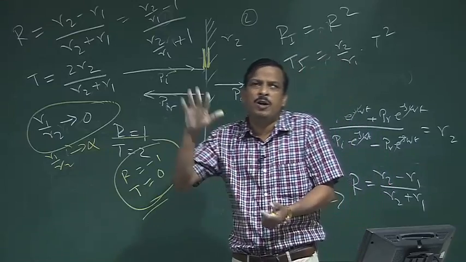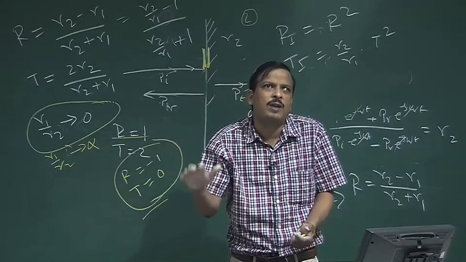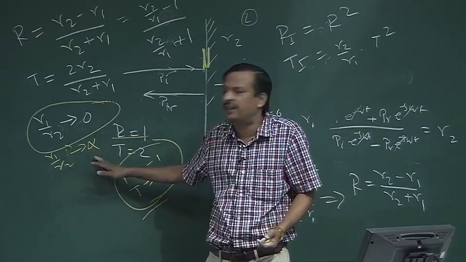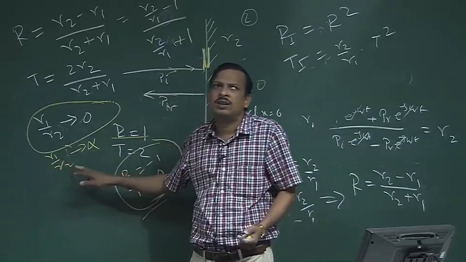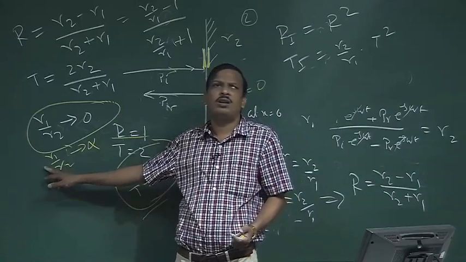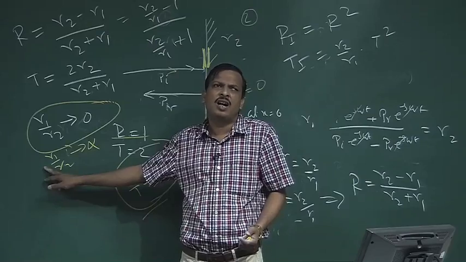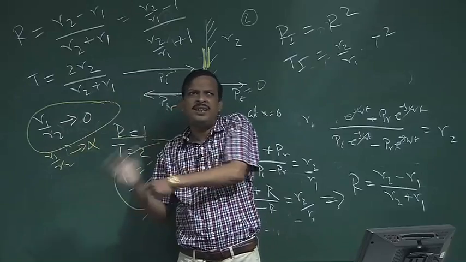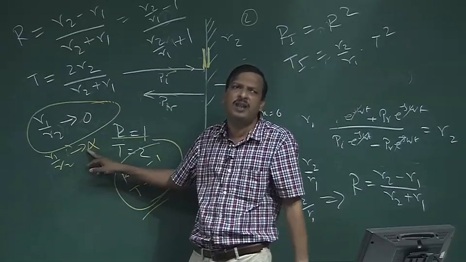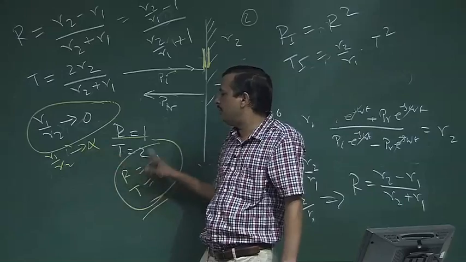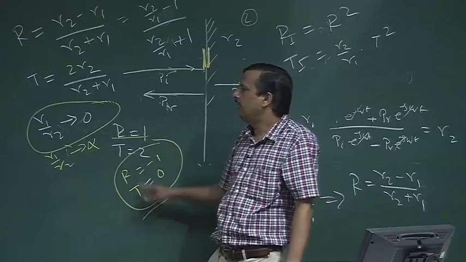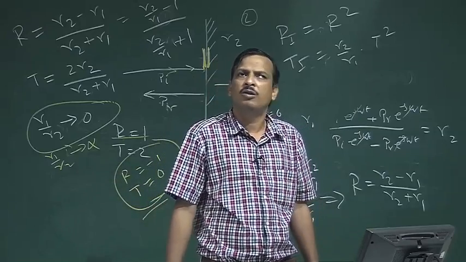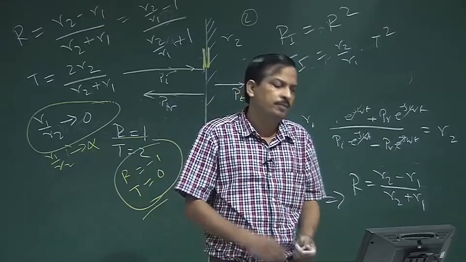That means if a wave is transmitted from one medium to another medium, if R1 by R2 tends to infinity, that means R2 is very small compared to R1, R1 is very high, which means a wave is transmitted from a dense medium to a lighter medium. In that case, if R1 by R2 is equal to infinity, the boundary is called a pressure release boundary. If R1 by R2 is equal to 0, the boundary is called a rigid boundary.